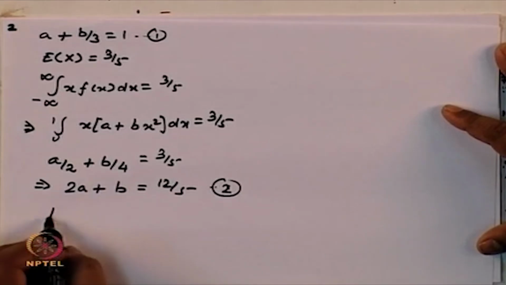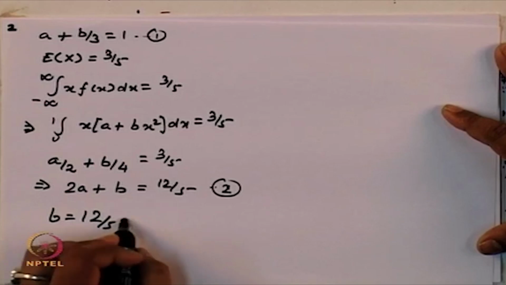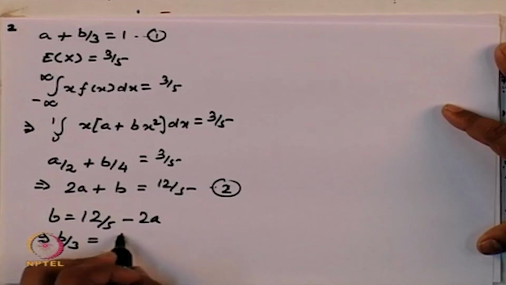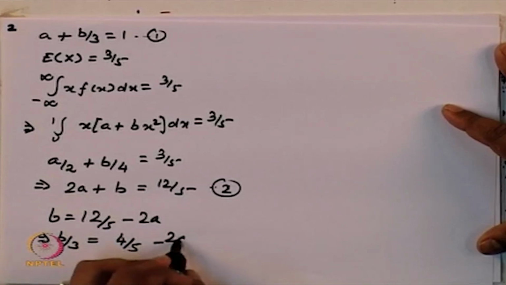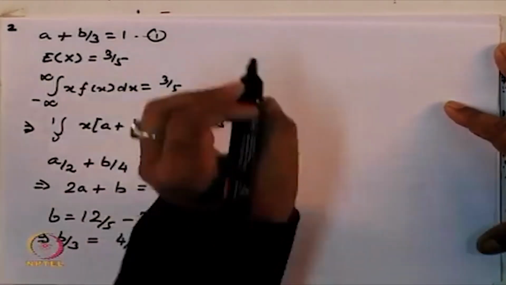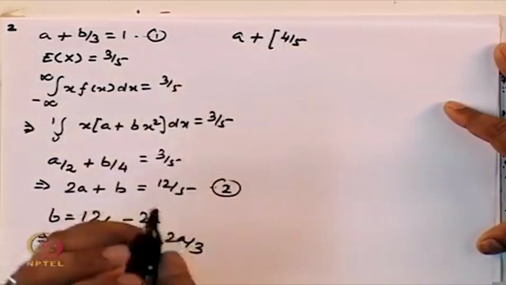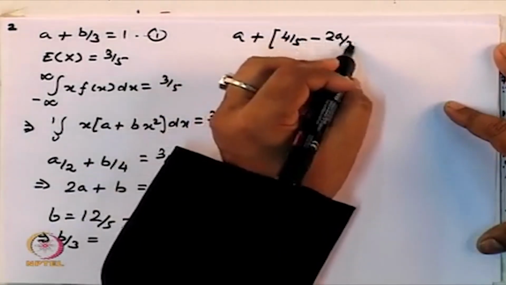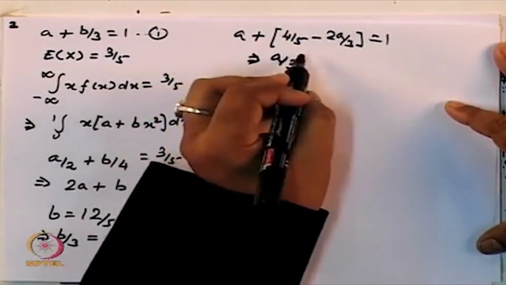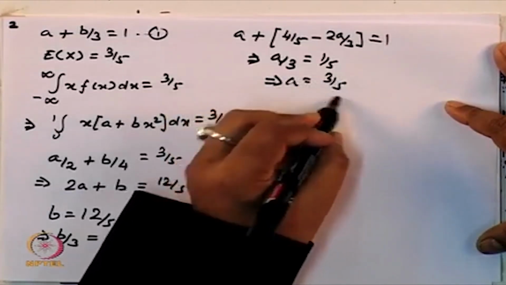From this equation I can write b is equal to 12 by 5 minus 2a, implying b by 3 equal to 4 by 5 minus 2a by 3, and if we plug this value in equation 1, then we have a plus 4 by 5 minus 2a by 3 equal to 1, implying a by 3 equal to 1 by 5, a is 3 by 5.